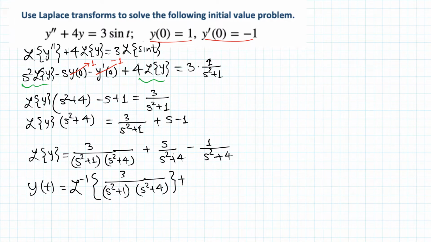So inverse Laplace of this is just cosine of 2t. And how about here? We know that 2 over s squared plus 2 squared is Laplace of sine 2t. So the 2 is missing, but we can always multiply by 2 and divide by 2. So this is negative 1/2, and 2 over s squared plus 4, sine 2t.